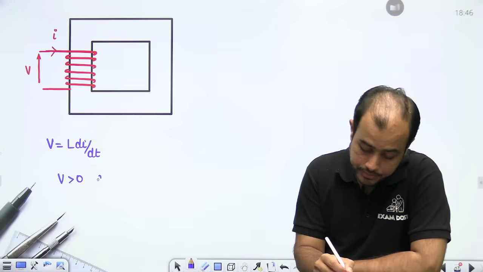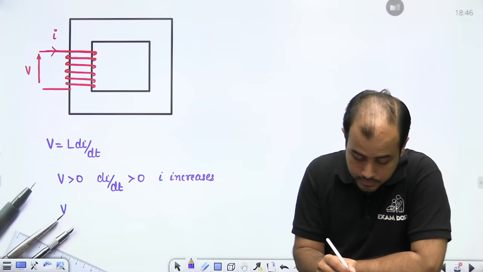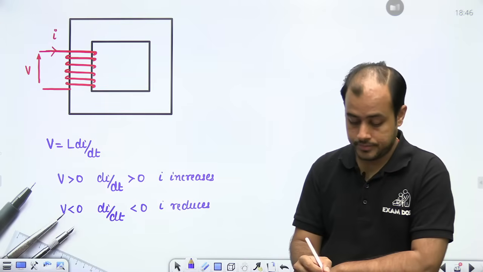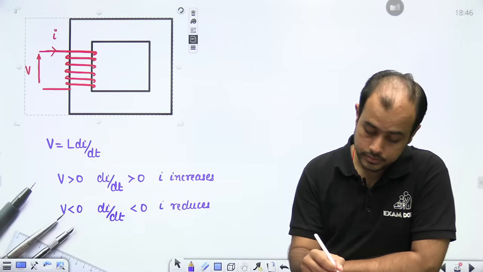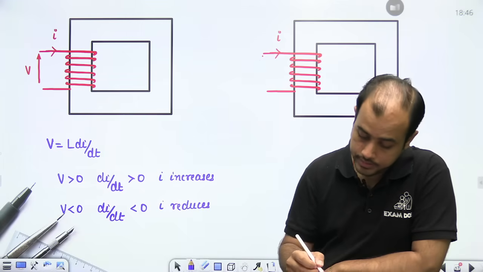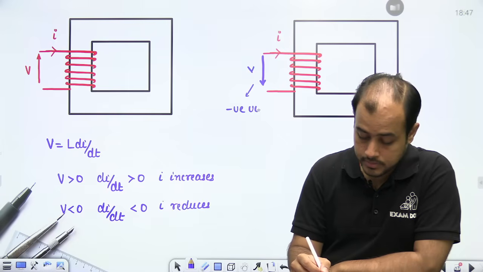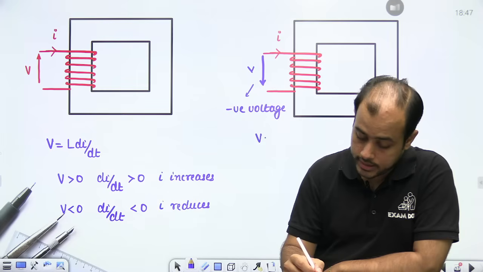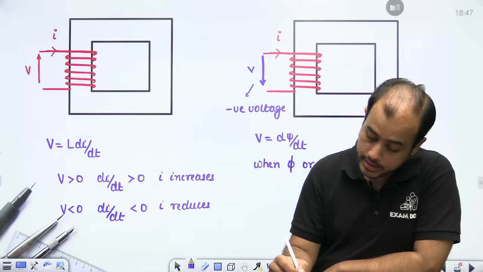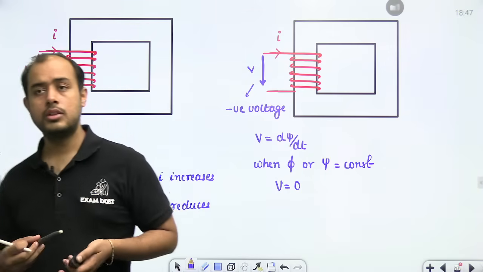Now if voltage is positive, and voltage negative, current reduces. How will you show the negative voltage? I will show negative voltage like this. And also you can understand voltage is d psi by dt. So when phi or psi becomes constant, voltage will become zero.